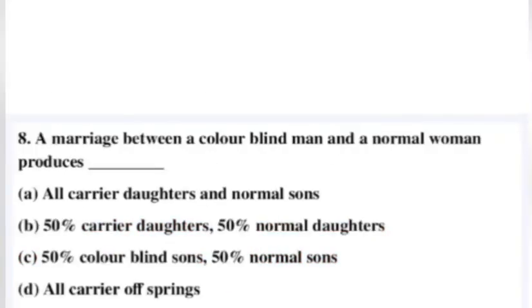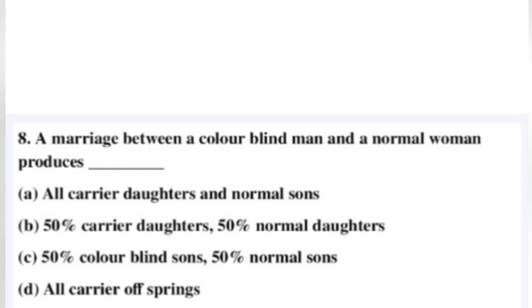Next question, eighth question. A marriage between a colorblind man and a normal woman produces. So when a colorblind man marries a normal woman, what will be the possibilities?